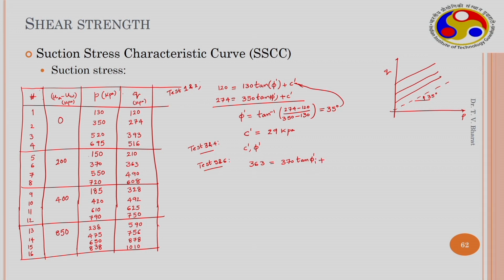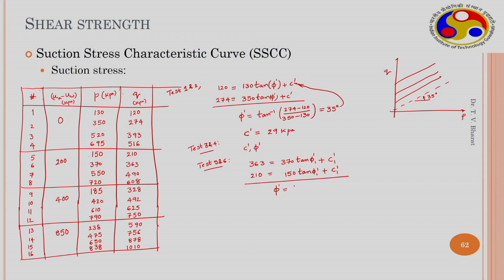We do not know whether phi dash is the same as phi 1 dash. So, you can assume it is different, then when you compute phi 1 dash we can compare with phi dash. So, this is C 1 dash and 210 is equal to 150 tan phi 1 dash plus C 1 dash, because these are all conducted at the same matrix suction values.